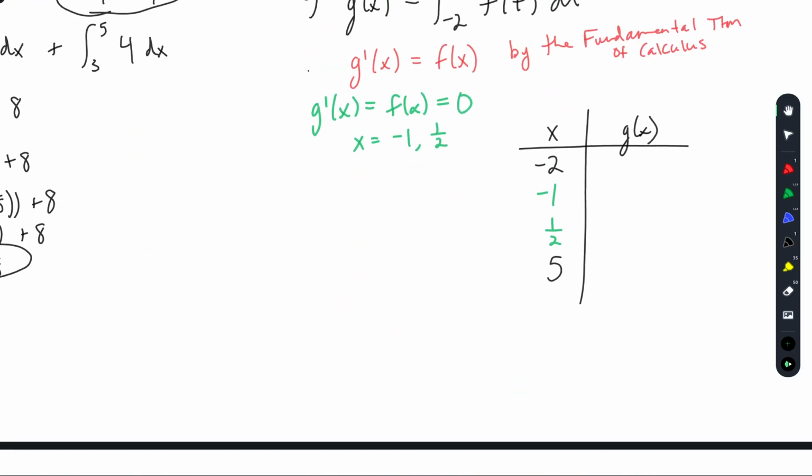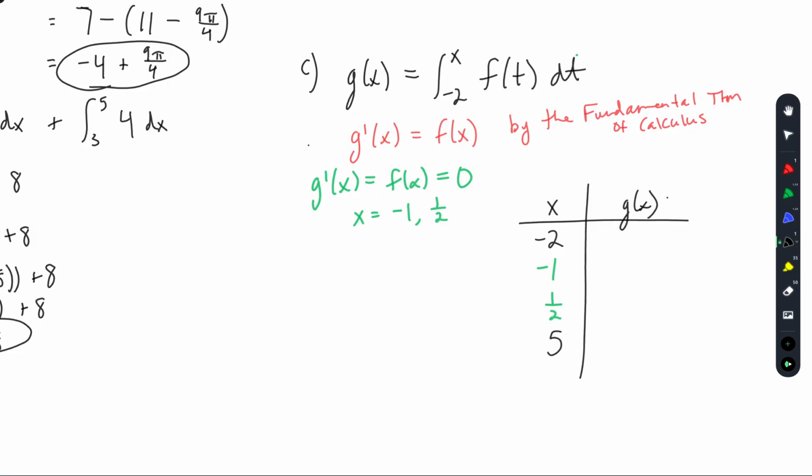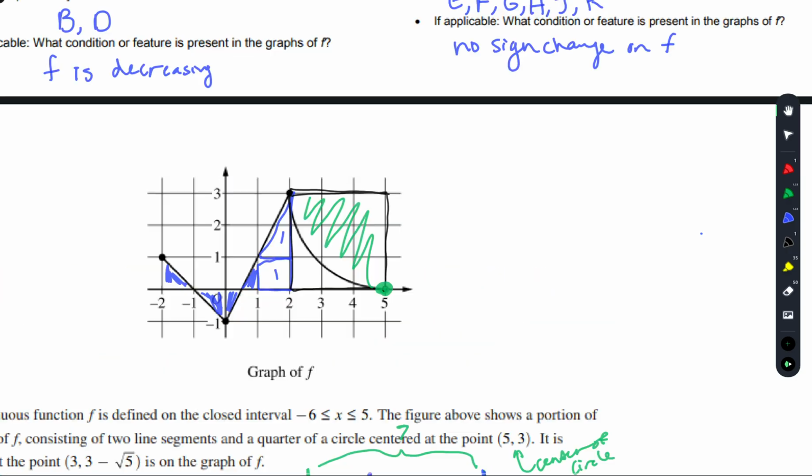So now I'm going to solve for those values. Remember, G is an integral, so that's kind of annoying, but it's whatever. G is -2 to x, f of t dt. So you're going to integrate -2 to 2, which is my favorite because there's no width. -2 to -1, wasn't that pretty easy?